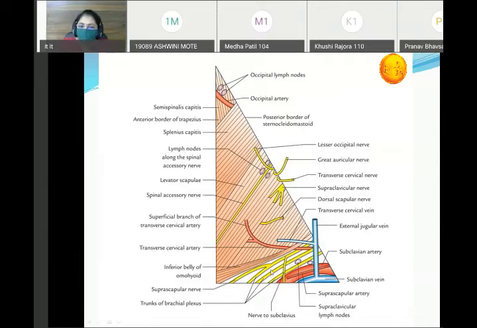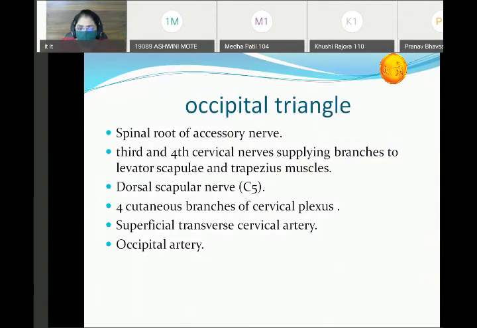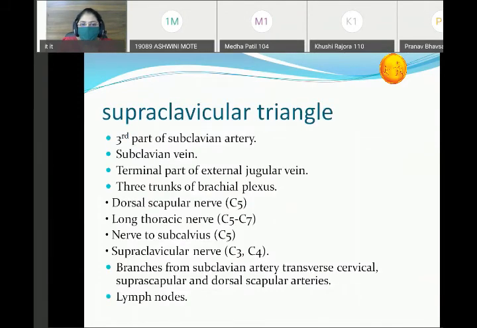These are the trunks of the brachial plexus. So we can see the terminal part of the external jugular vein with the three trunks of the brachial plexus. And the small nerves arising from it, that is dorsal scapular nerve, long thoracic nerve.